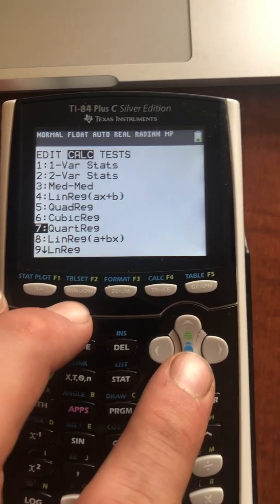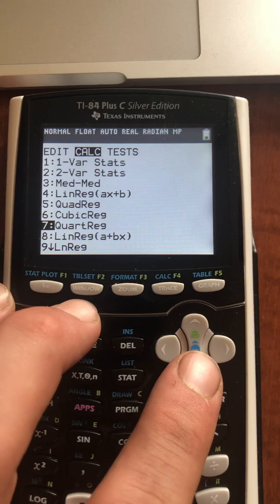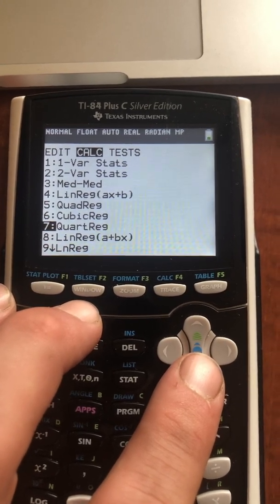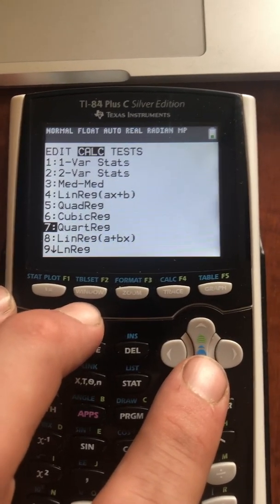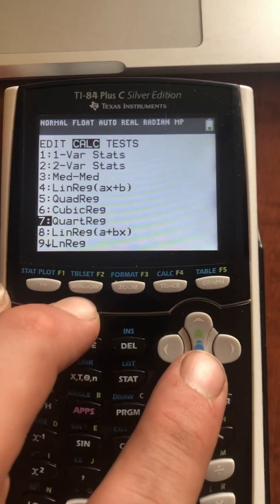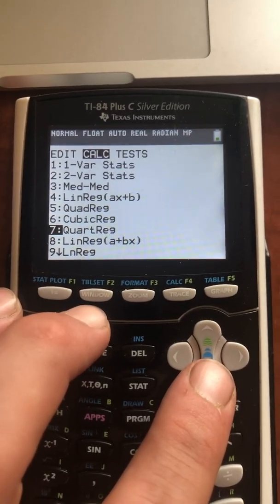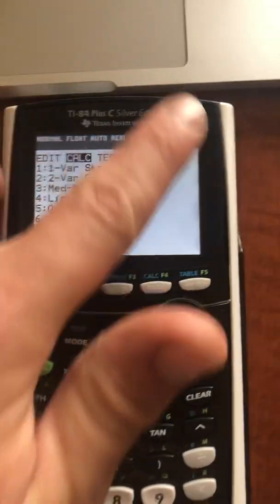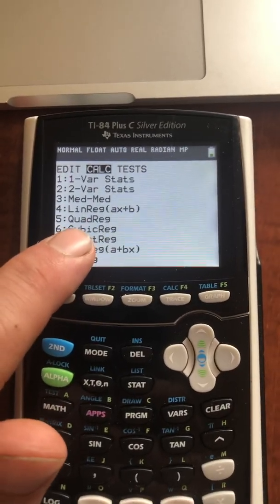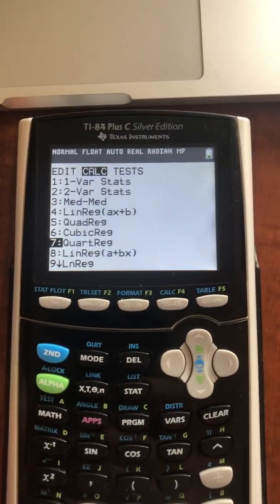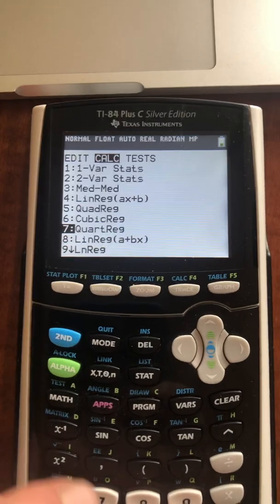Now, if you wanted to model the outside of like a non-concave shape, like, I don't know, a scoop of ice cream or something like that, that maybe is just round, you could get away with either quadratic, cubic, or quartic. But we'll use quartic regression.